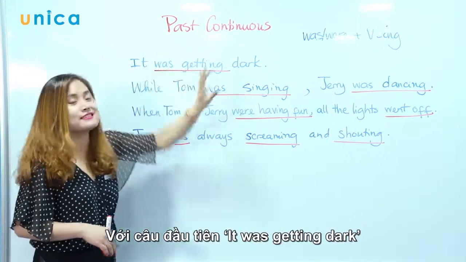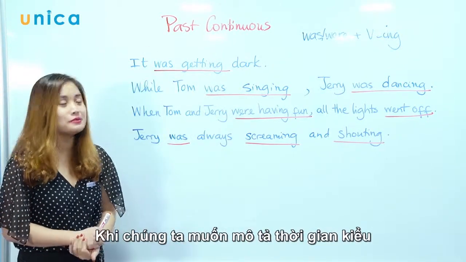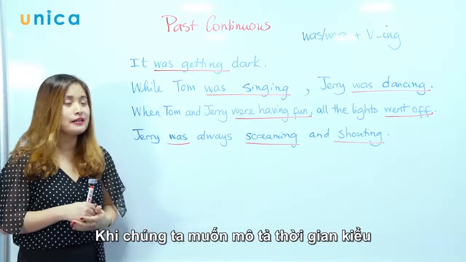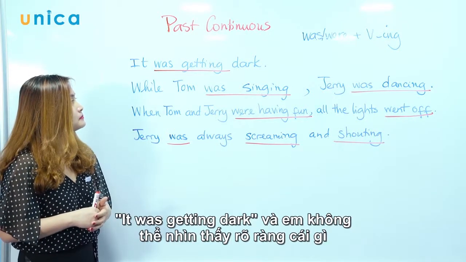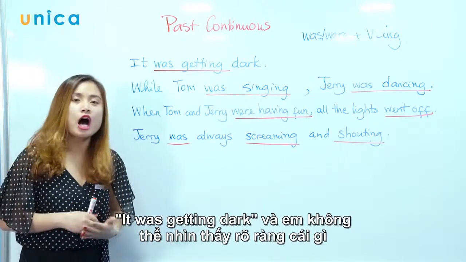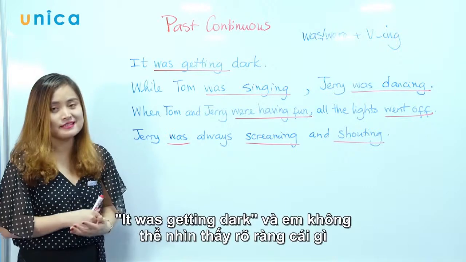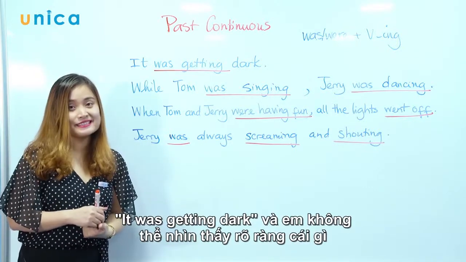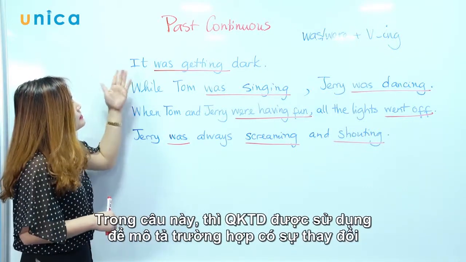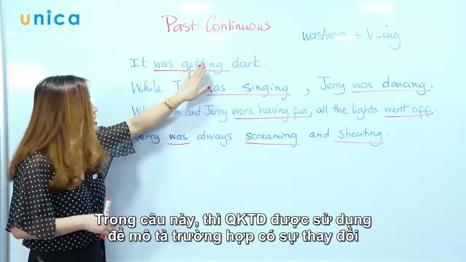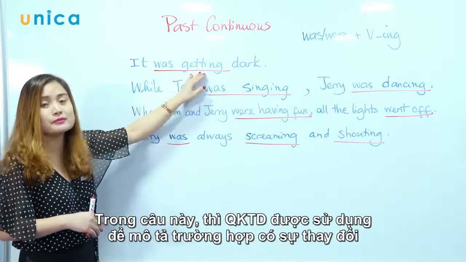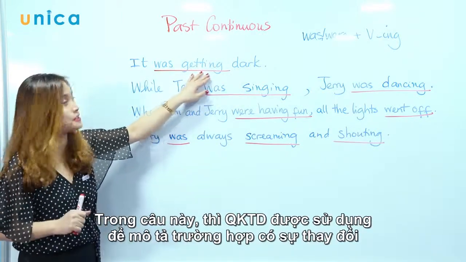Well, now the very first sentence. It was getting dark. When we describe the time, it was getting dark and you cannot see everything clearly outside. So the past continuous tense is used here to describe a changing situation.